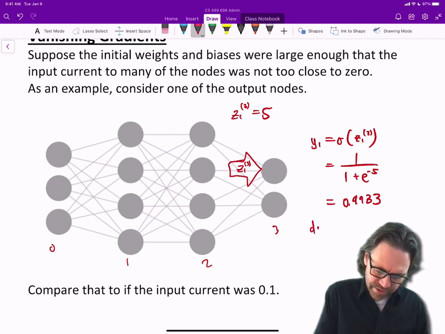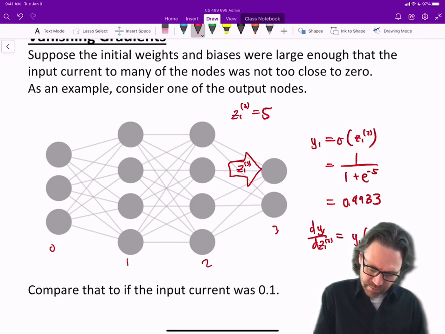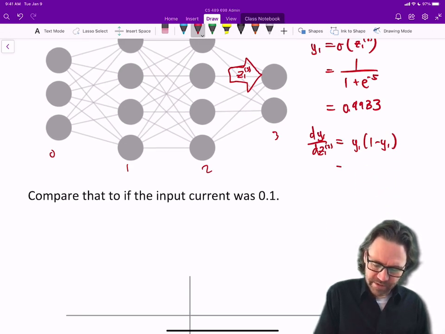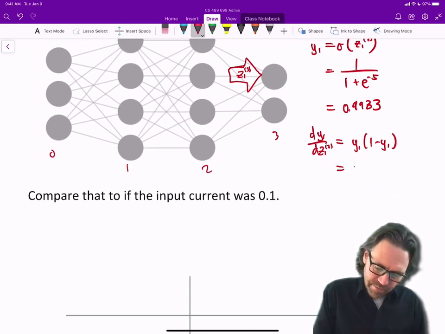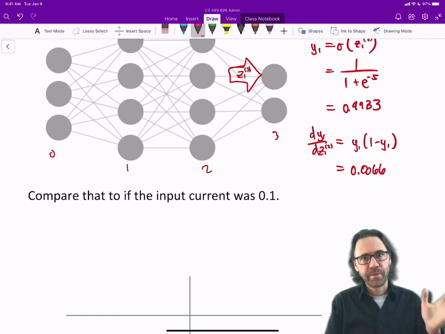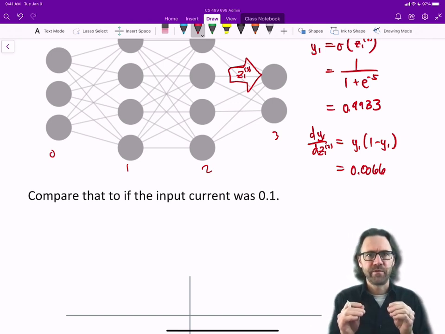So therefore, dy1 by dz1,3 is y1 times 1 minus y1, which is about 0.0066. So that's a small number. Because the input current was so high, the derivative is small.